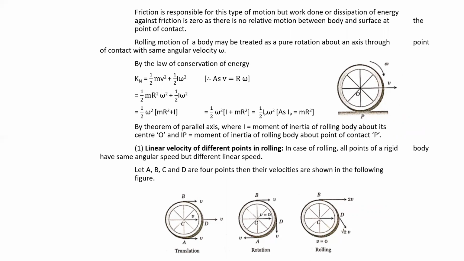may be treated as a pure rotation about an axis through the point of contact with the same angular velocity omega. By the law of conservation of energy, this can be written as kinetic energy is equal to half mv square, and for rotational motion it is given by half I omega square, where v is equal to r into omega.